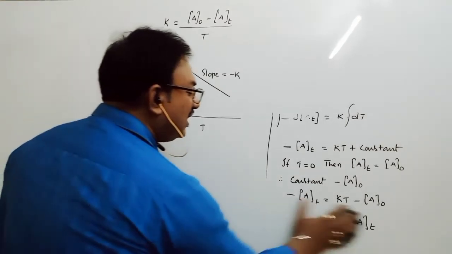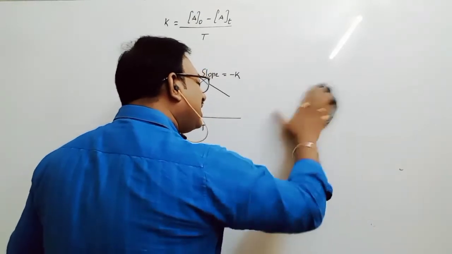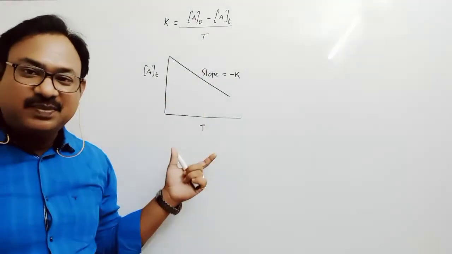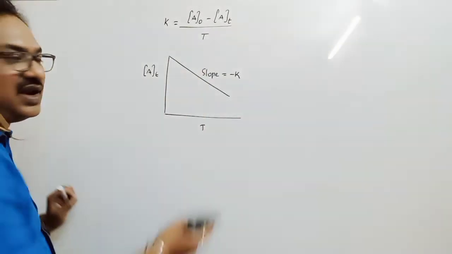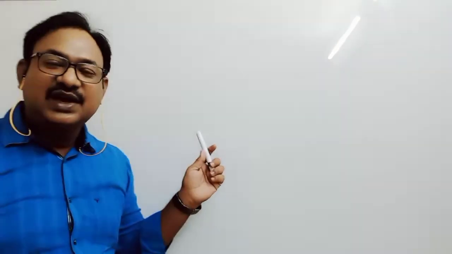Alternatively, we can derive the integrated rate law in a different style also. That was one type. I am also describing an alternative method, please listen. Again, zeroth order kinetics and the integrated rate law for zeroth order. It's an alternative method.